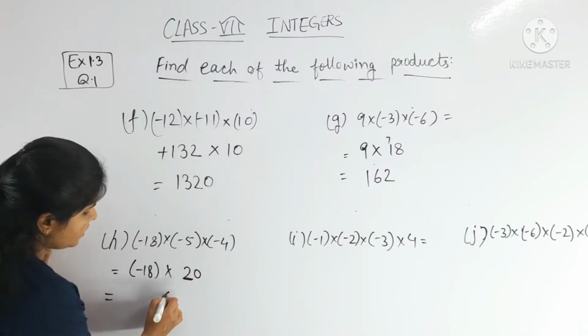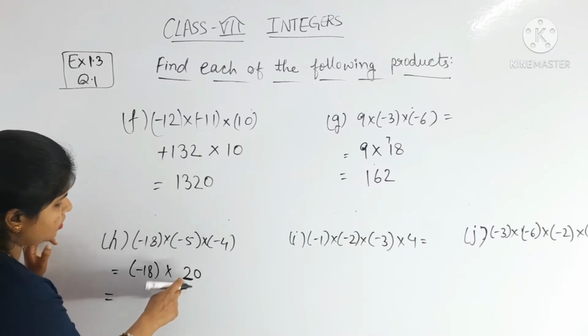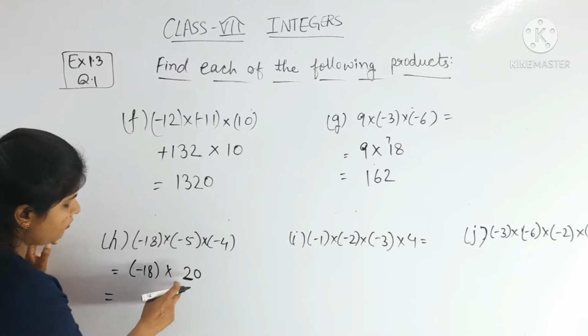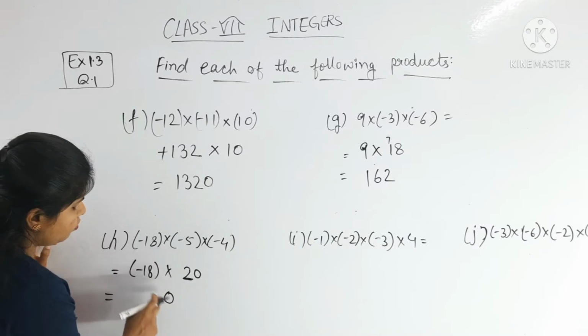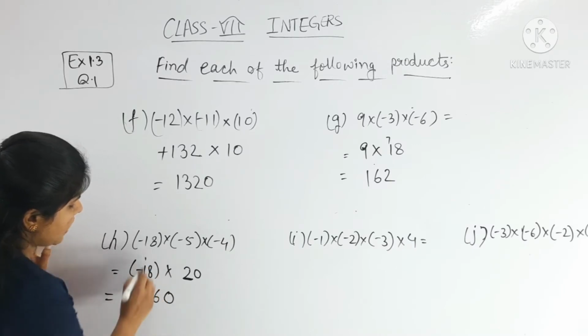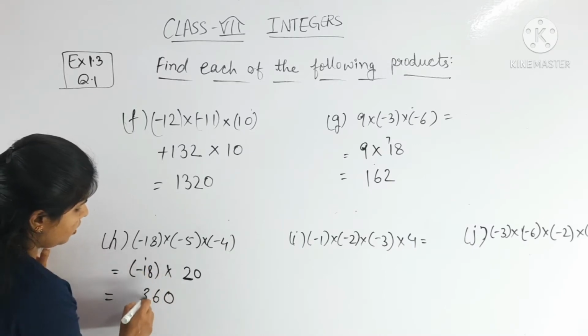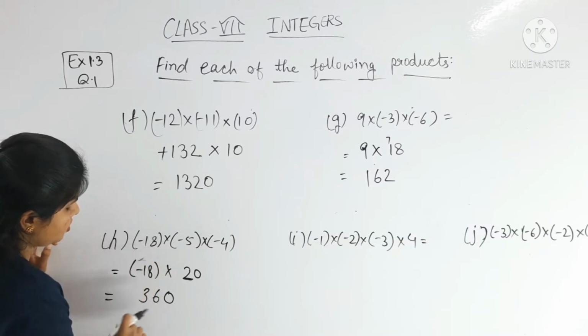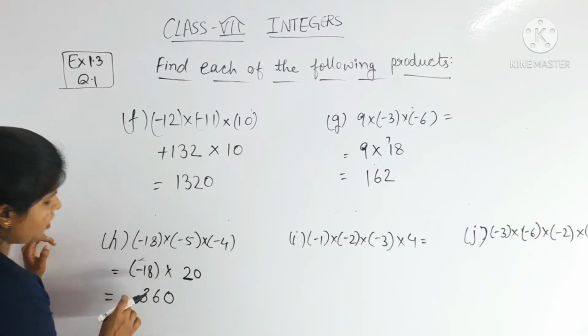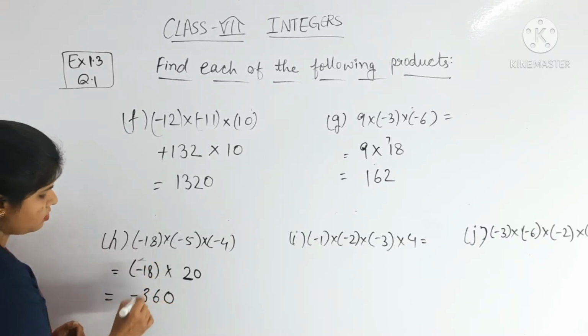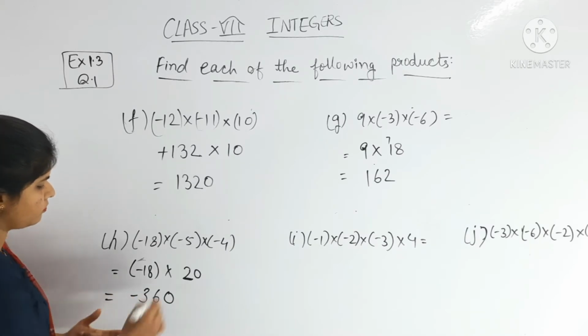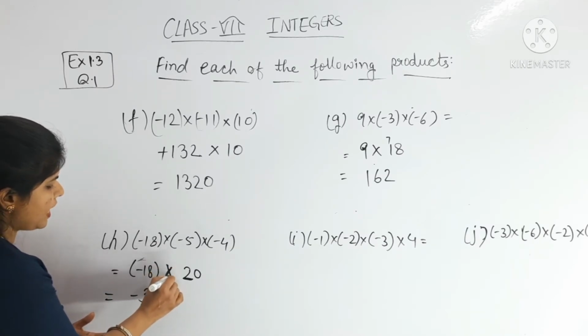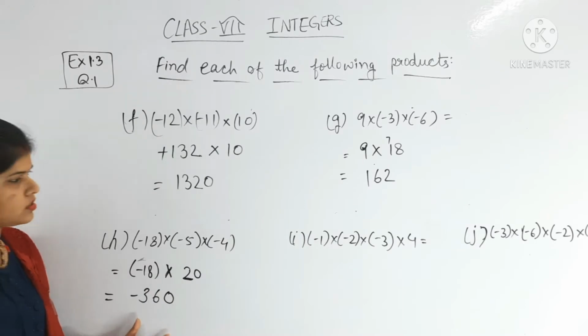Okay, so 0 as it is I am writing. Then multiply with the 2. 2 into 8s are 16. 1 is carry on, 2 ones are 2 and 3. 18 twos are 36. And minus sign will be here, minus plus is minus. Okay, that is the H part, that is minus 360.